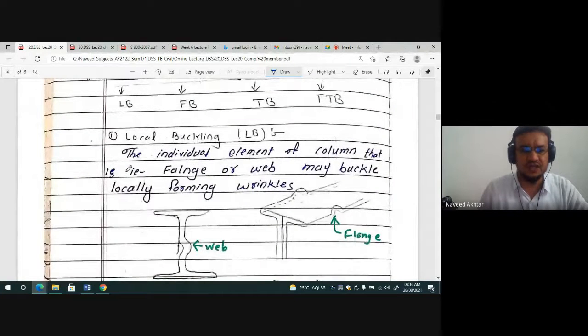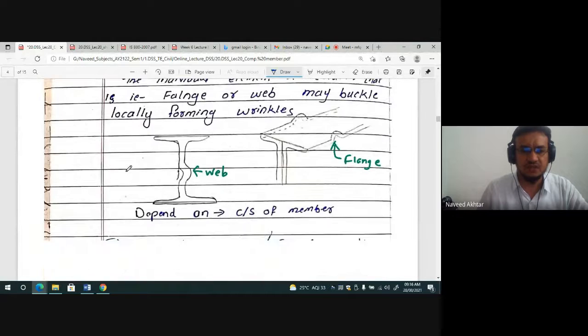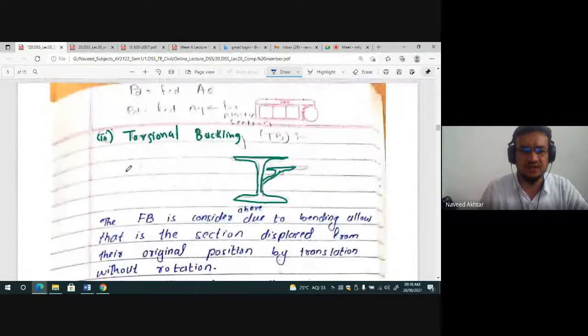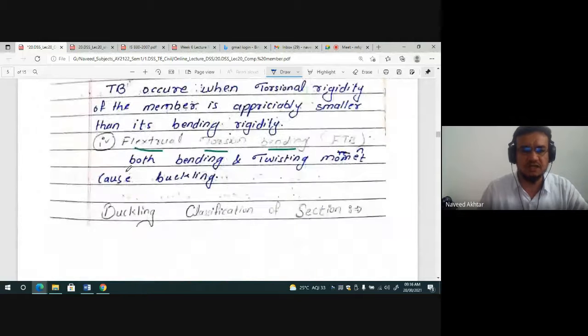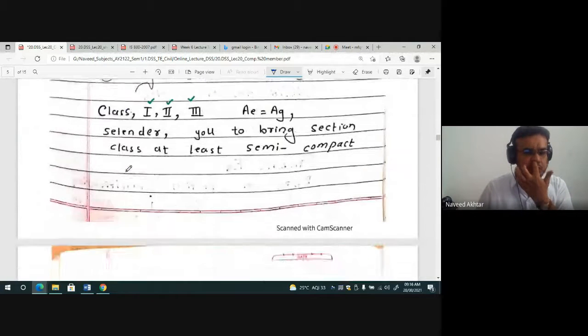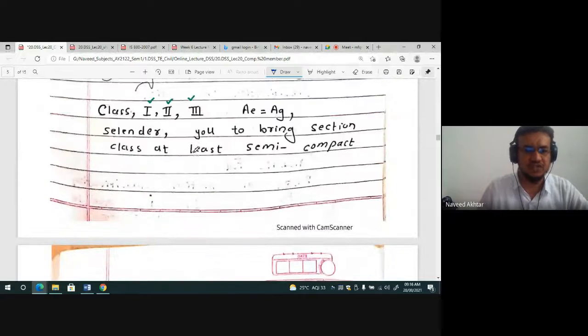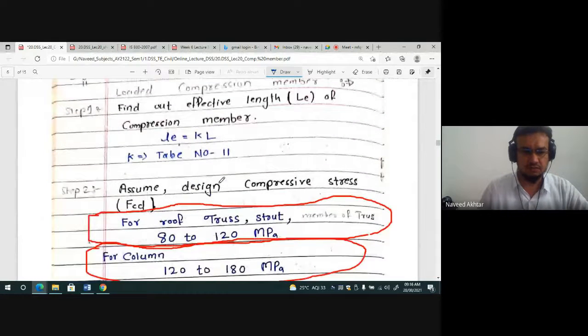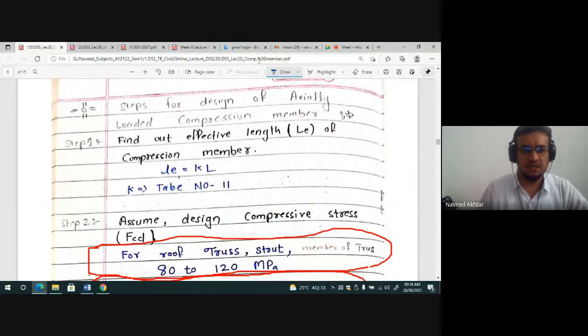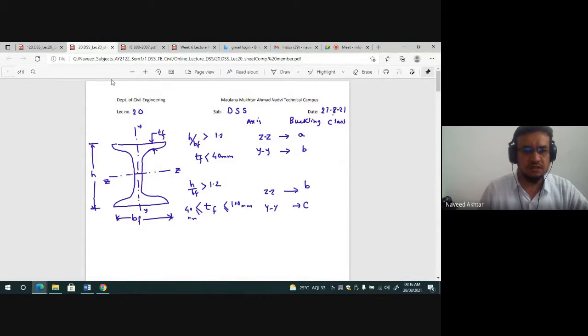Okay. Also, we have discussed local buckling, what is local buckling, what is flexural buckling, what is torsional buckling. All these things are already covered in two, three lectures. Then we have seen the buckling class of section, that is based on the h by bf value or tf less than 40, and then the axis about which buckling occurs and buckling class A, B, C, D is given in the IS 800 2007.